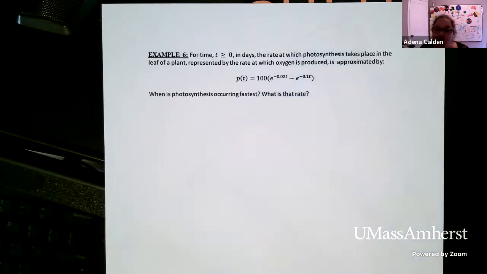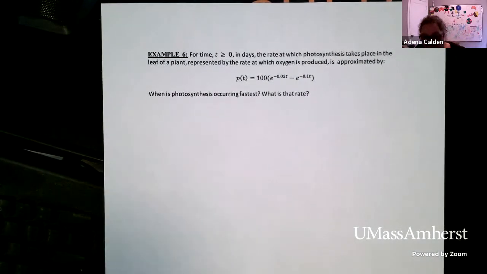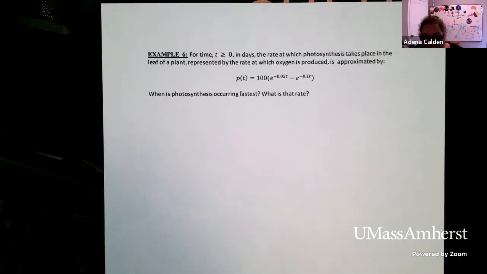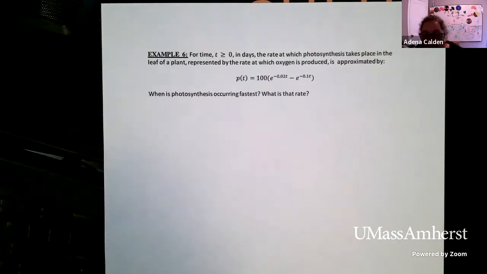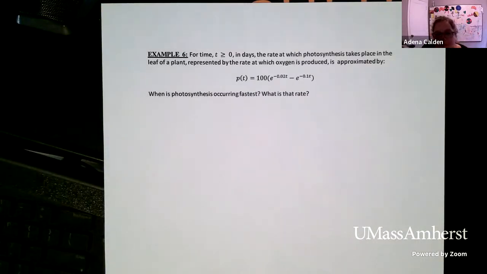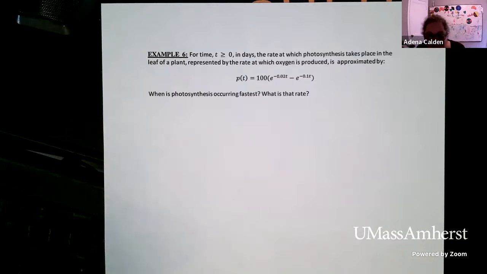Okay, so to find the critical point here, we do have to do some interesting algebra once we found the derivative. So I'm going to have you try this. I'm going to give you about 3.5 minutes to try out the algebra. But take the first derivative of this function, then we're going to set it equal to 0, and we're going to try to solve for t. And the two sort of hints I'll give you is that in order to solve for t, once we're at that step, we need to figure out a way to simplify our function into only having one t value.